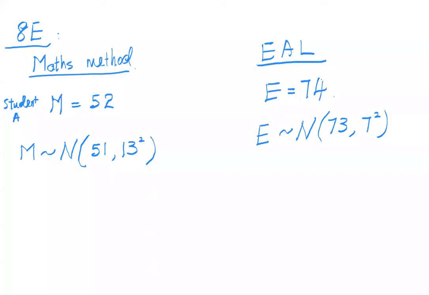So now you have to count the probability of M greater than 52, that means better than this student, the percentage of students who are better than student A.